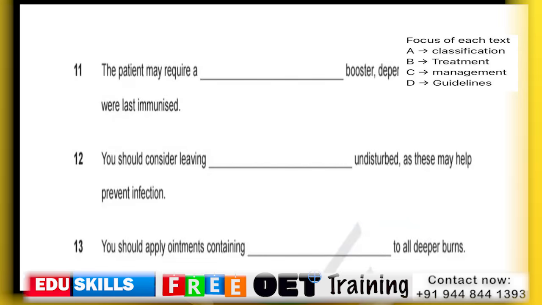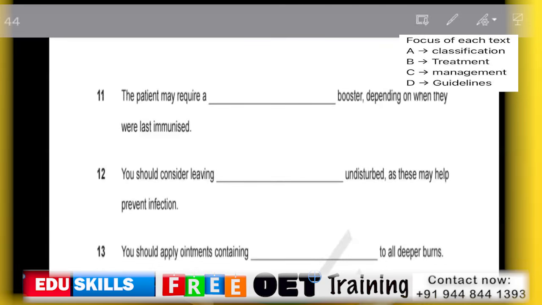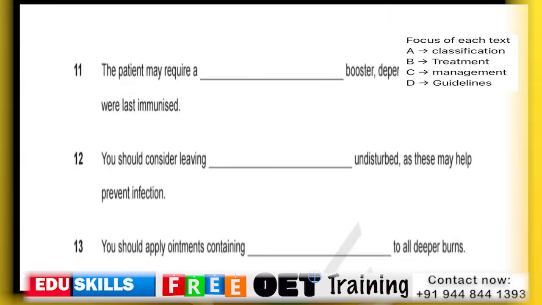You should apply ointments containing dash to all deeper burns. So what is the heading word in this question number 13? Ointment, ointments. So ointment and deeper burns. They are asking which apply ointments containing what. We have to see what is contained in this ointment, and they are asking for deeper burns.